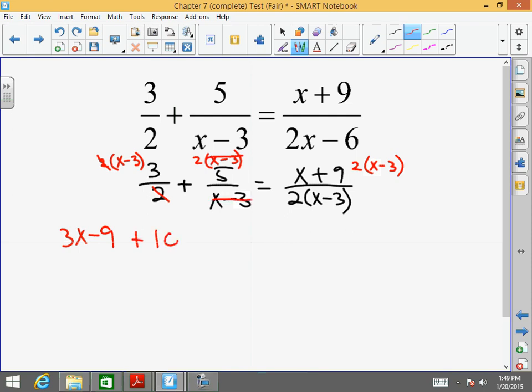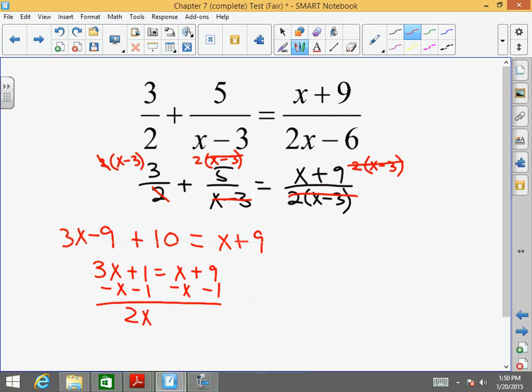That's 10. And here, that cancels. This is 3x plus 1 equals x plus 9. Subtract the x, subtract the 1. 2x equals 8 divided by 2. X equals 4. And it's not extraneous at all. It works. It works.